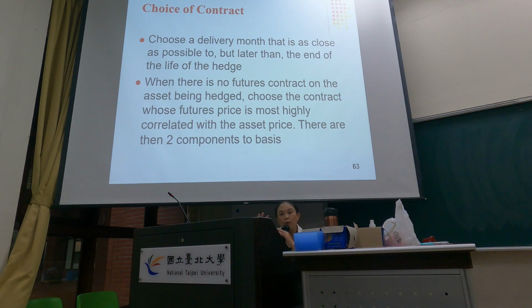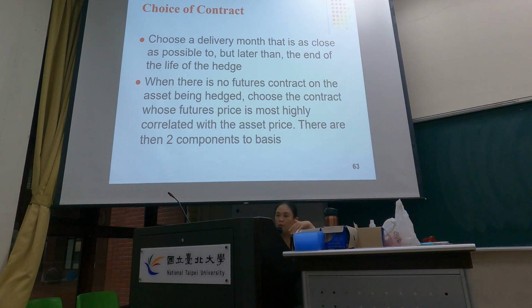Similar to the flight oil, but not exactly the same. Can you guys follow me? Okay. So occasionally there are cases where the futures contract you use may not be 100% identical to the underlying position you have. Okay, so this is what we call choice of the contract.